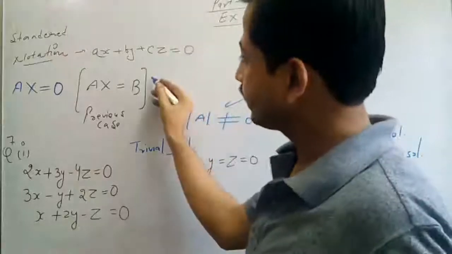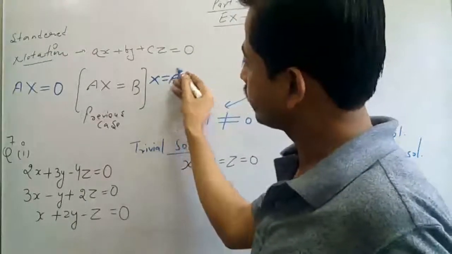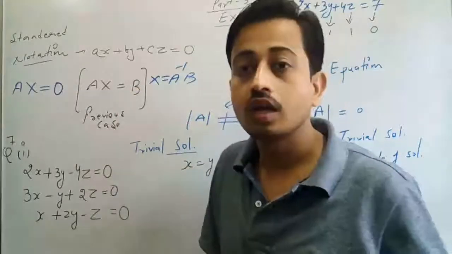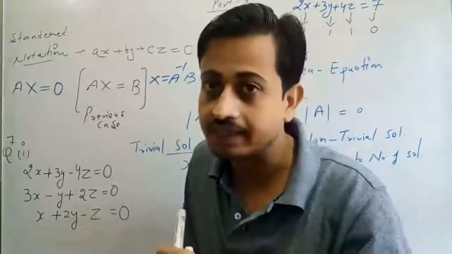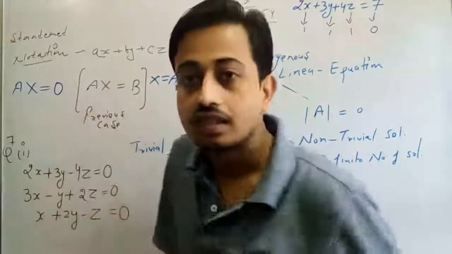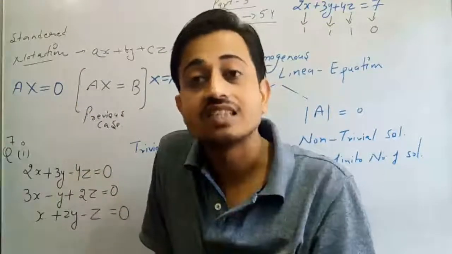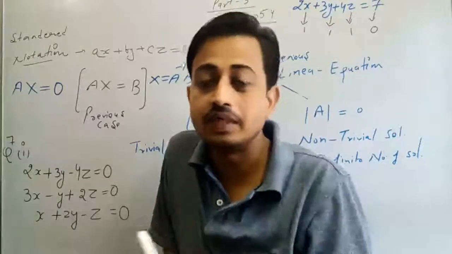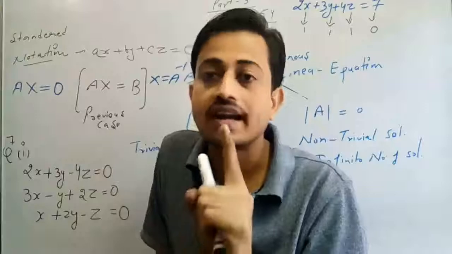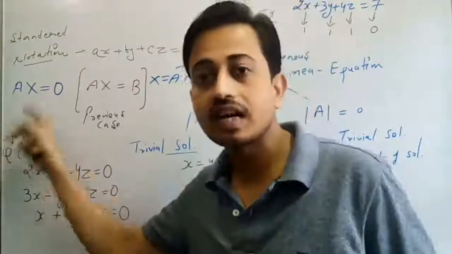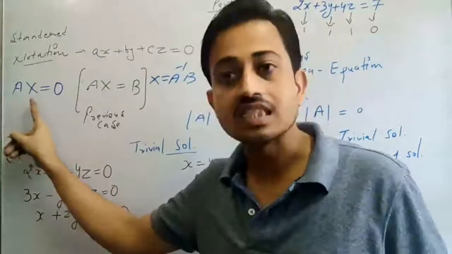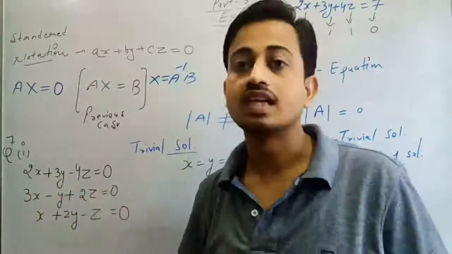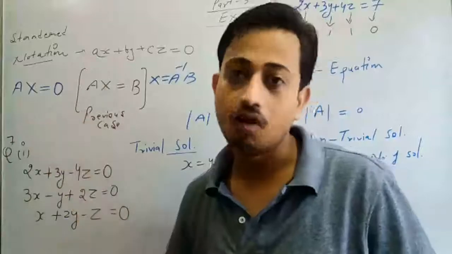You also write it as X is equal to A inverse B. But in that case, B is a non-zero elements matrix. But in this case, the matrix B has zero elements. It means the matrix B of constant numbers does not exist. So in this we are going to take the equation in terms of AX is equal to 0. This is the format in which we have to solve the questions.